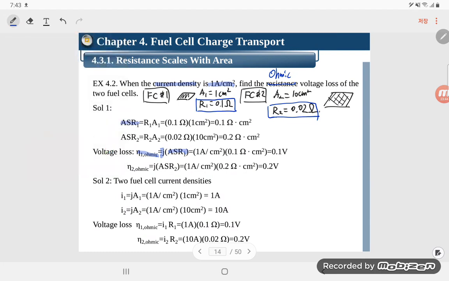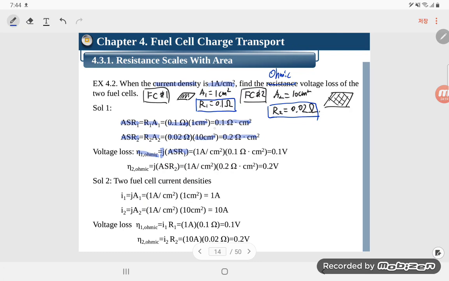ASR number 1 and ASR number 2 are expressed like this. Fuel cell number 1 has an area of 1 square centimeter, so this is its ASR, and fuel cell number 2 has 0.02 ohm and an active area of 10 square centimeters. So it has 0.2 ohm square centimeter.